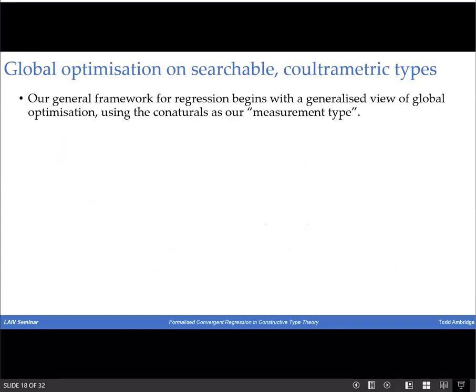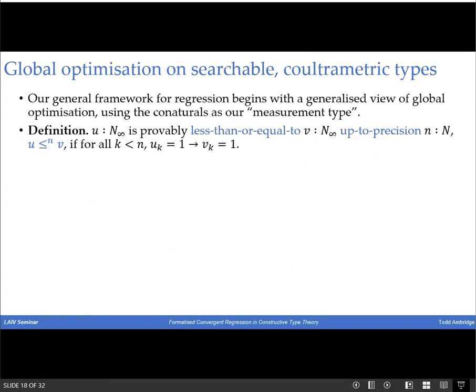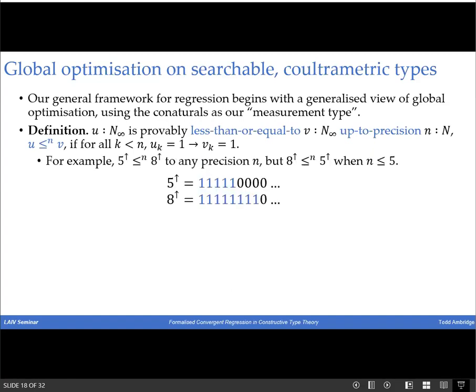And so our general framework for regression begins with a generalized view of global optimization using the conaturals, as I said. So we have a definition of what it means for one conatural to be less than or equal to another conatural up to a certain degree of precision. This is a bit of a weird one, really, but obviously we can't have a definition for less than or equal in total that we can search.